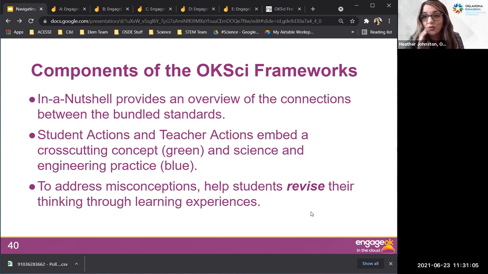And then we do list some misconceptions, but we want to point out, remember, we want to help students revise those misconceptions through learning experiences. So they're just things to be aware that might have students confused, and through an investigation, we can help revise that thinking so that they internalize that change and hopefully hold on to the more accurate idea rather than the misconception.